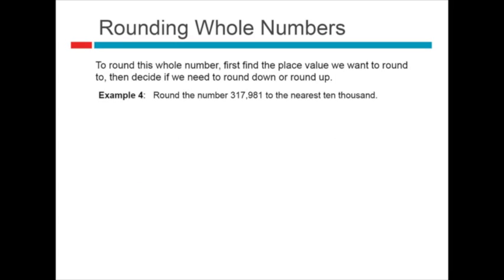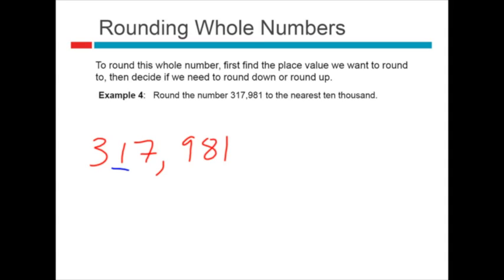All right, let's do another example. In this example, we're going to first determine whether we need to round up or round down. So first, let's write down our number, 317,981. And we want to round this to the nearest 10,000. So first, let's locate the number in our 10,000s place, which is the first one here.